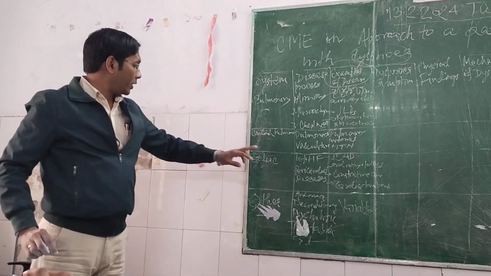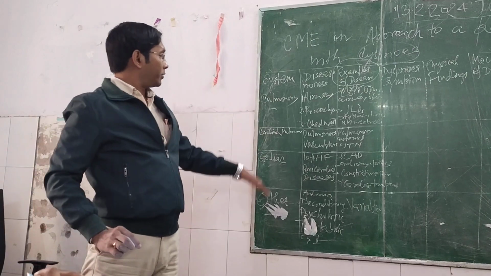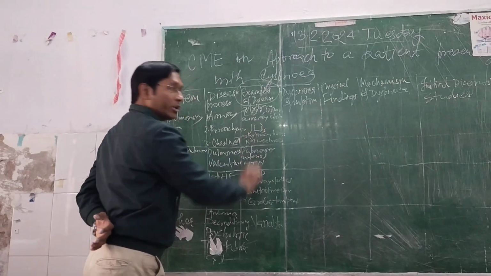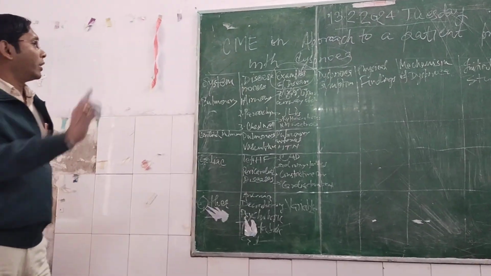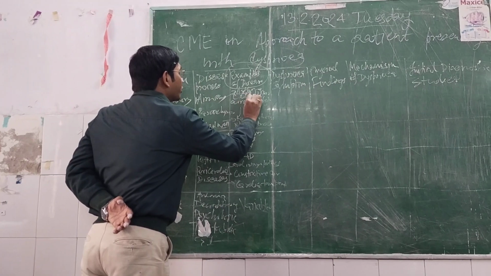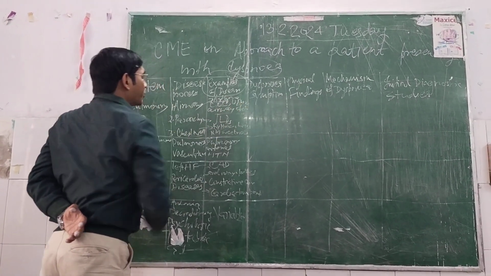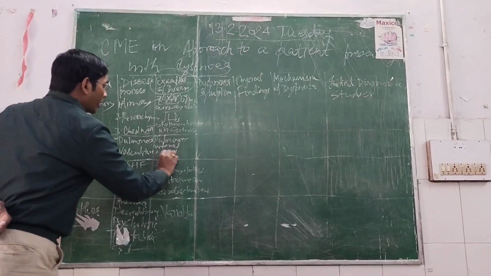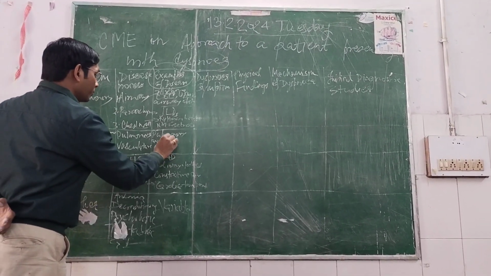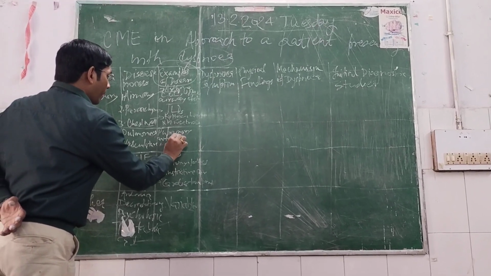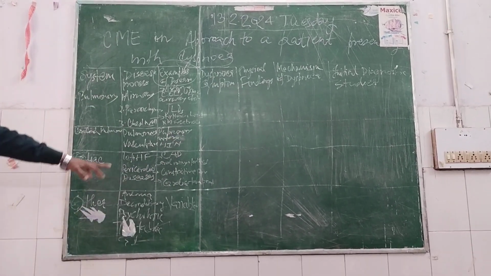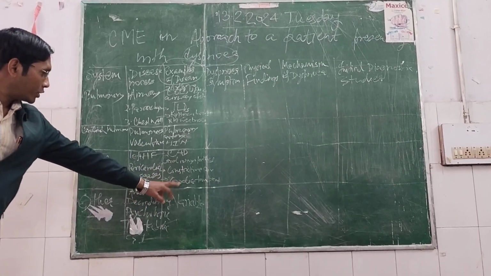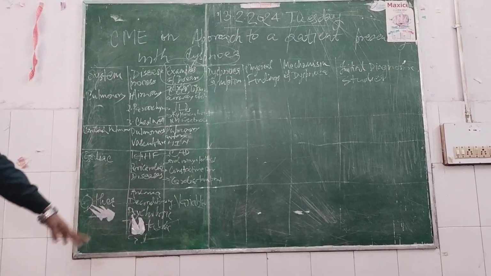System-wise: pulmonary, cardiac, and other. So this is for systematic study, but you should keep in mind these causes of dyspnea: asthma, COPD, upper airway obstruction, interstitial lung disease, kyphoscoliosis, neuromuscular weakness, pulmonary artery hypertension, coronary artery disease, cardiomyopathies, constrictive pericarditis, cardiac tamponade, and there are other causes.